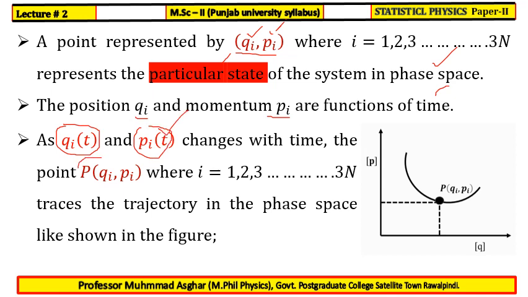So a point P is a function of position coordinates and momentum coordinates, and these are functions of time. When plotted in a diagram, we will get a trajectory in the phase space, which is shown here in the figure.